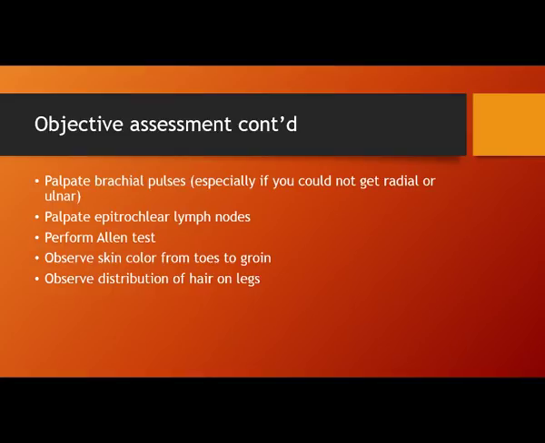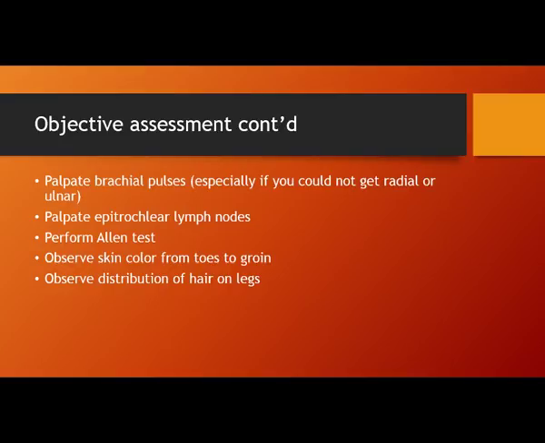And the way the Allen test works is you find the radial and the ulnar arteries. You have to find those two pulse points, and then you press hard on there and ask the person to squeeze and open the hand several times.